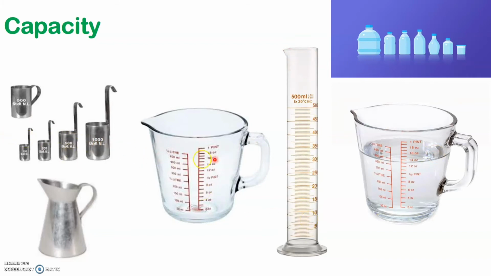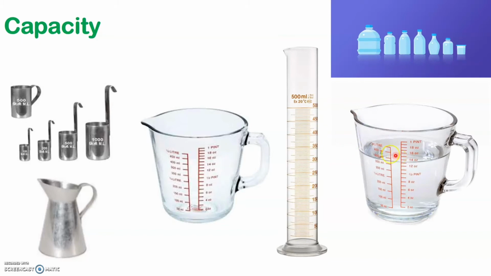Now when you look into each of these containers, measuring vessels, we can see that there are different markings on each of these containers. Now this marking will help us to know the amount or the quantity of liquid that is present in that container.